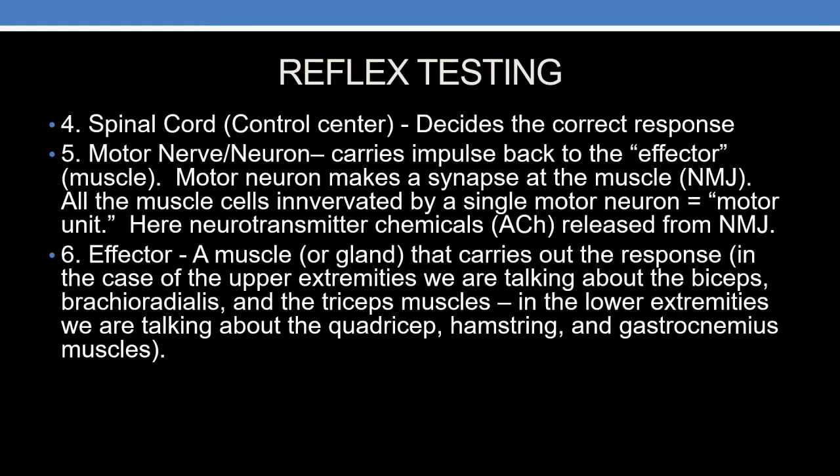Then we see the fourth component of the deep tendon reflex arc, which is the spinal cord itself. And in the spinal cord, there is then a synapse from the sensory neuron, either directly monosynaptically to a motor neuron or polysynaptically through one or more interneurons, to synapse with the fifth component of the reflex arc, which is the motor neuron.